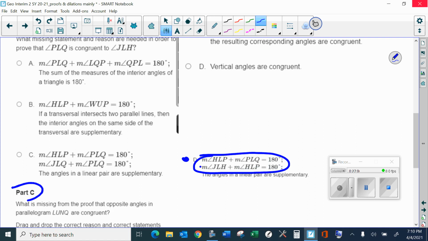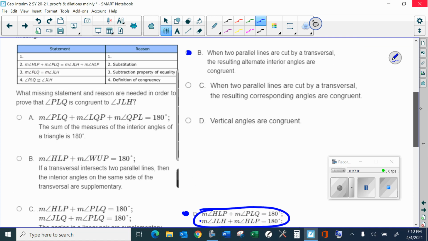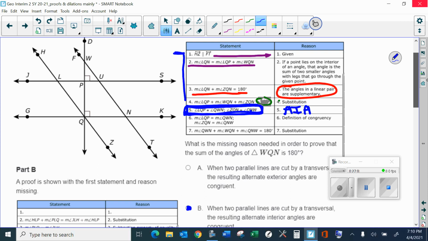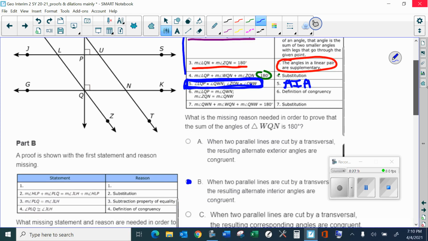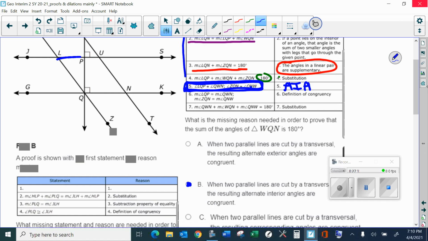So I need to now, again, redraw this original drawing up here. I know that this is a parallelogram because these are parallel and these are parallel.